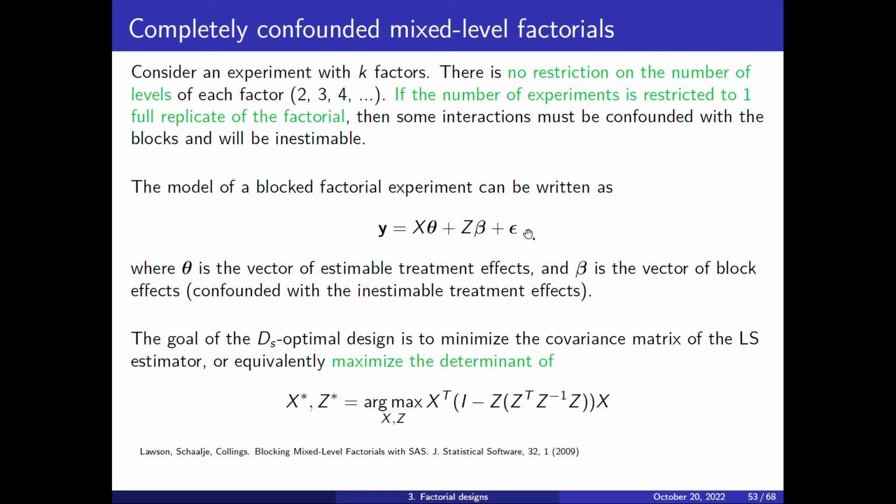So now we can expand our designs so that we maximize something. So we maximize, for instance, the covariance matrix of the least squares estimator. So we want to maximize the determinant of this thing. So it is to find the x and z, so those are the design matrices, or the combination of blocks and factors, such that the determinant of this matrix is maximized.